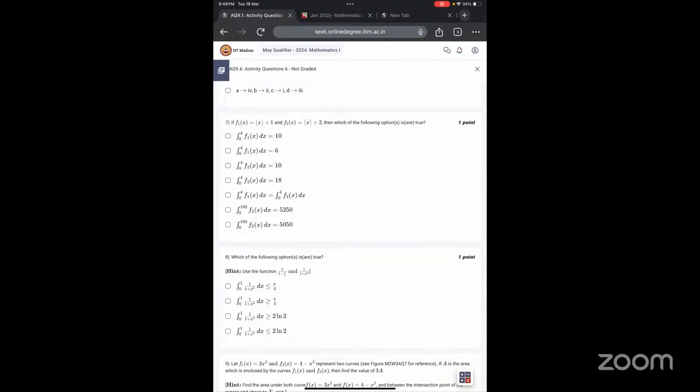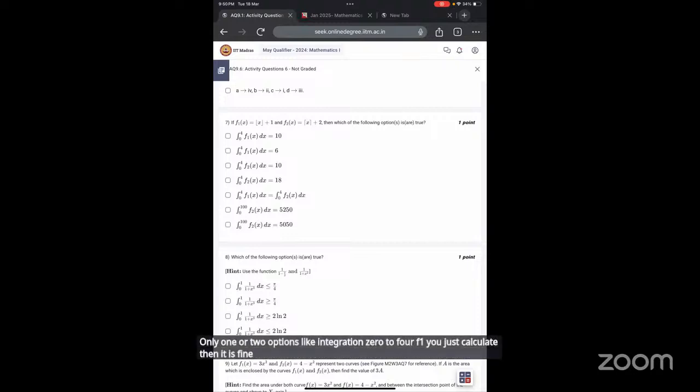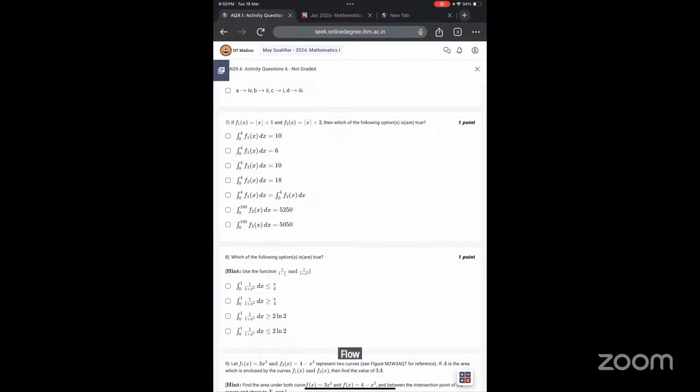Can you just do the seventh one and let me know what it is coming? Only one or two options, like integration 0 to 4 f1, you just calculate, then it is fine. Then you can also calculate f2 if you can. Floor function, how to do integration? You have to break it interval wise, then we know how to calculate it in each interval.